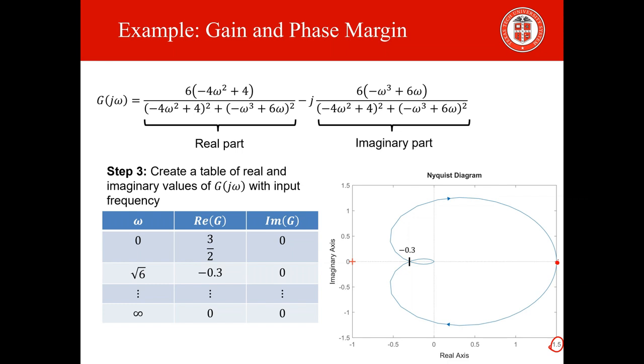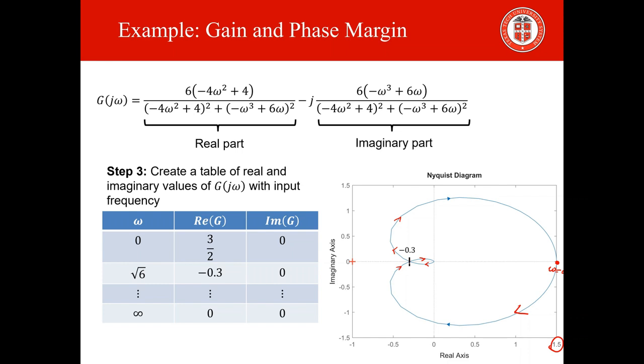And so we're having this starting point at omega equals 0. And we're going to go in this direction, and then it intersects the real line. By the way, it keeps going around this way, like this. Okay, so this is how it goes.